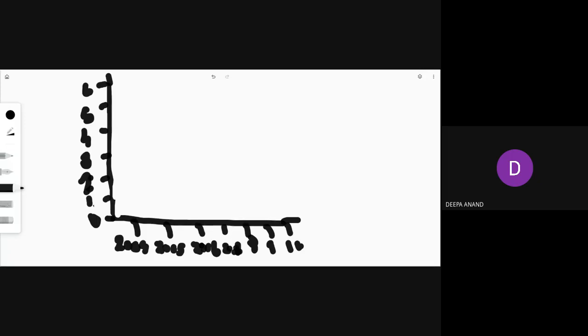So name it firm A and firm B. Otherwise, how will you know which firm is doing better? It's very good for comparison. Firm A in 2004, it is 2.4. 2005, it is 2.9.